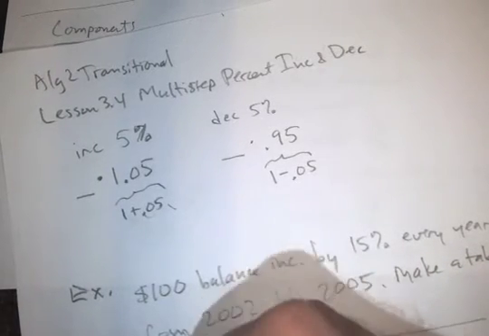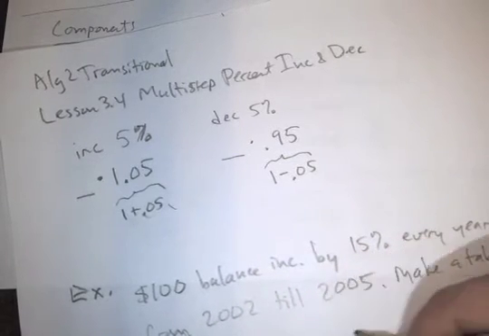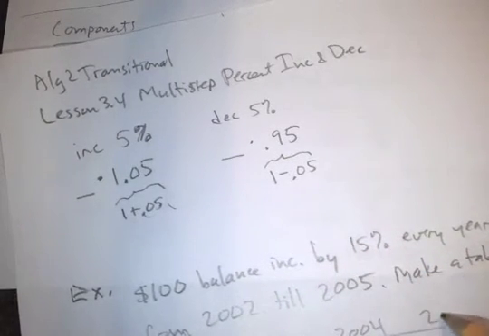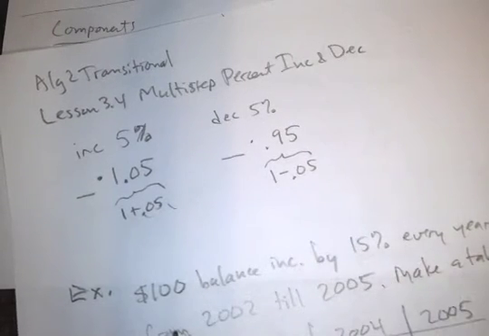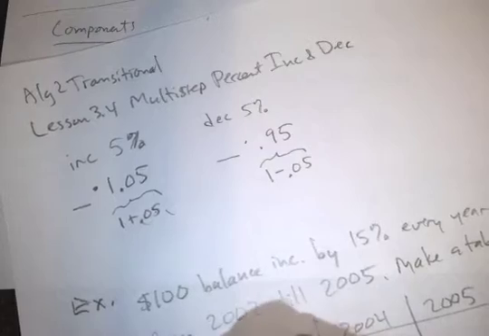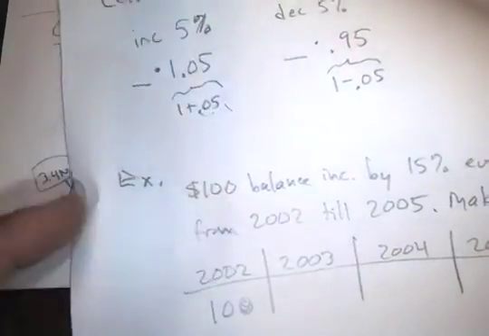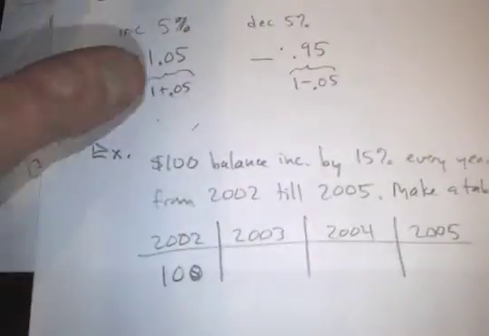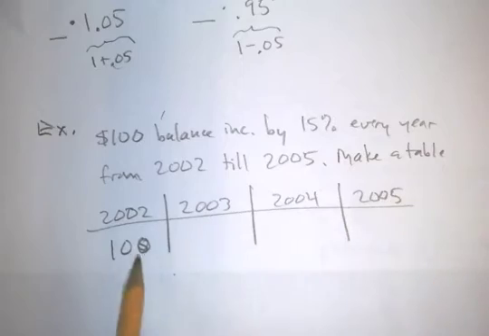On the table, make sure you put every year from 2002 like that. We're just going to find out how much is there each year. We're starting with 100, so that goes here, $100. Okay, so 2002 to 2005, start with 100.